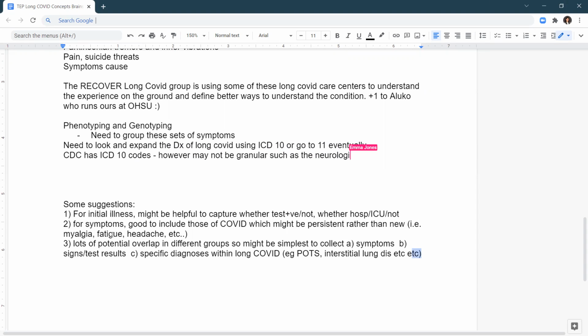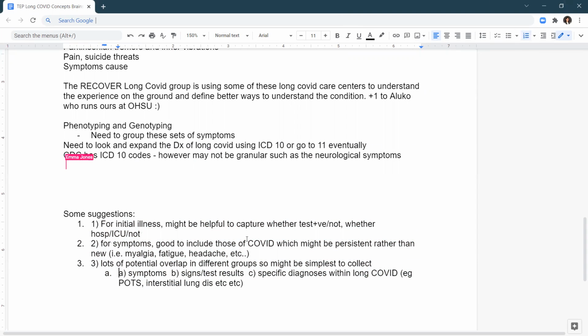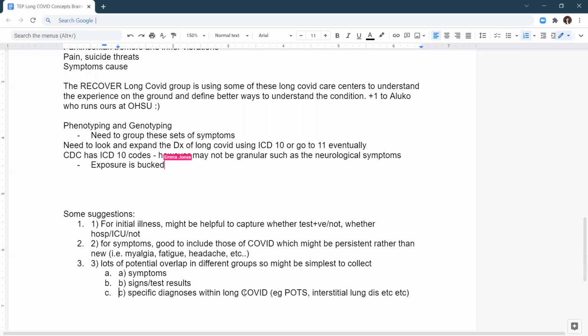You're bucketing everything that could possibly be from a COVID exposure into one ICD-10 code, whereas it needs to be granular enough for us to go down the path, especially as we begin to identify the certain medications or treatments that we would use for long COVID.